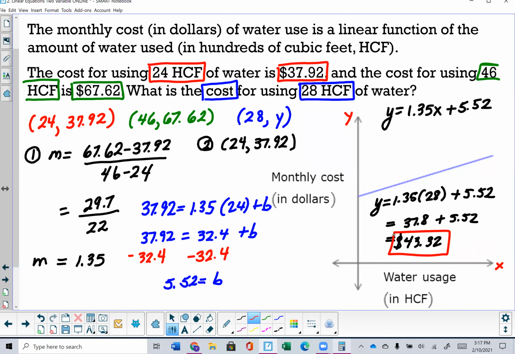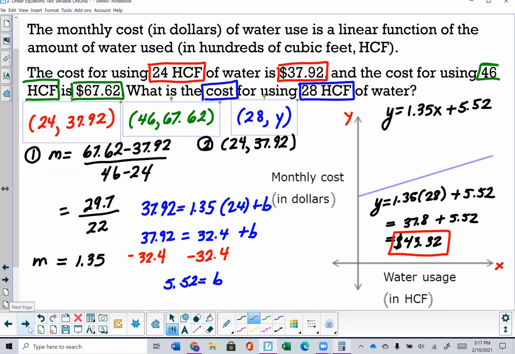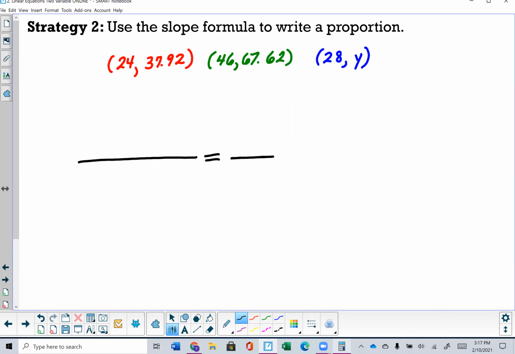Okay, that's method one. Now let's take a look if we use the slope method. All right, so we have the same information to start. We set this up using the slope. Okay, so the first 2 points I'm going to use on the left side, we have 67.62 minus 37.92 over 46 minus 24.